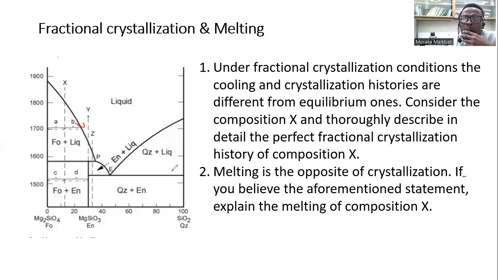So the melt will not have any components that can form that phosphorite. I don't know if it makes sense. So all of the phosphorite is now completely removed out of the system. Because it's no longer present, the composition of the system will have the composition of the liquid.